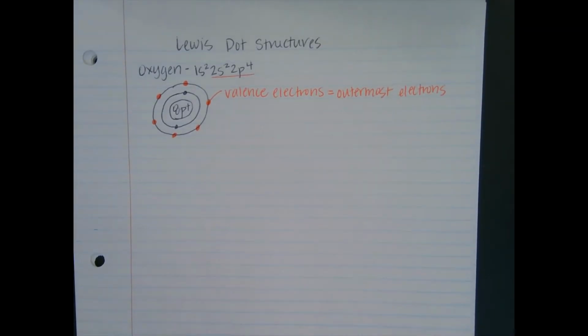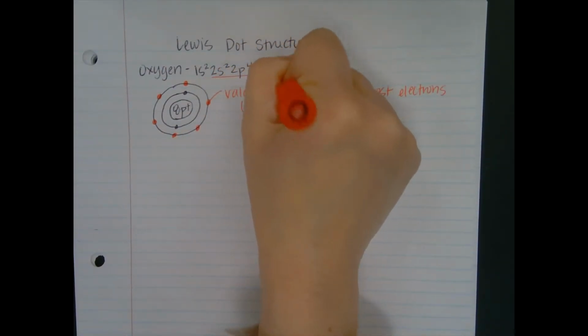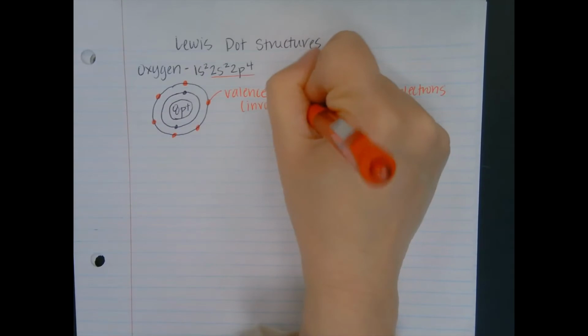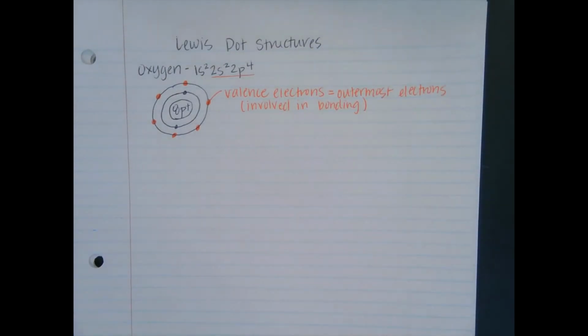The reason why we care about these is because these are the primary electrons that are involved in bonding. So when we talk more about ionic bonding and covalent bonding, these are the ones that we're really going to focus on because these are the ones that are directly involved in that.